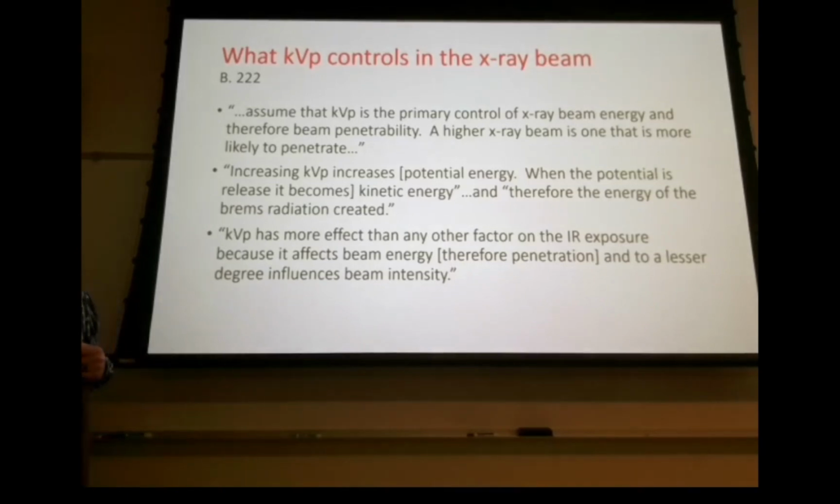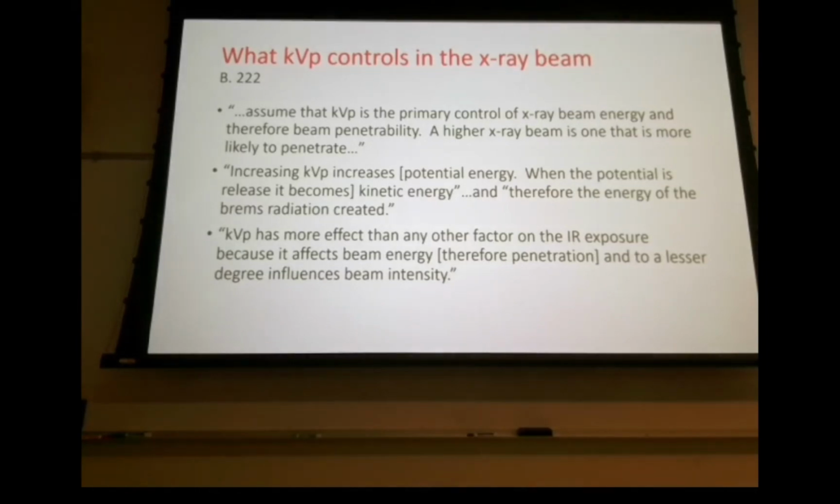We have X-rays that can be generated at very, very low levels, in the 1,000 volt range, that are not going to penetrate anything at all, and they're just totally useless. So kVp controls the penetration, therefore it controls the quality of the X-ray beam.